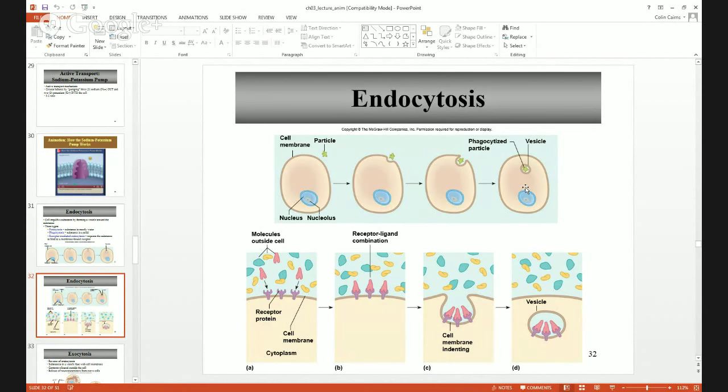And then you have receptor-facilitated endocytosis, where the molecules outside the cell attach themselves to a receptor protein, and they usually have to fit like a lock and key. It has to fit, and then the cell membrane indents, and a vesicle forms and pinches off into the cell.